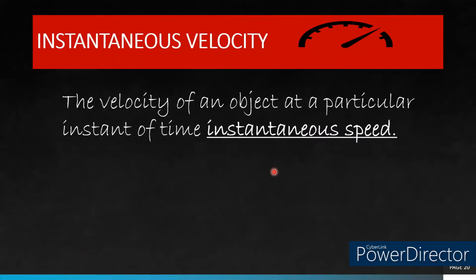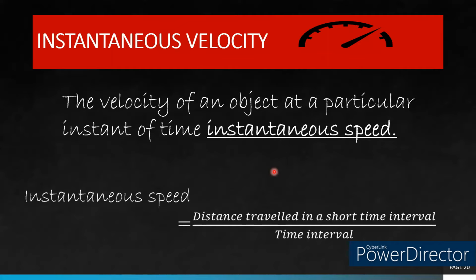Now let's talk about instantaneous velocity. The velocity of an object at a particular instant of time is the instantaneous velocity. That means it is the ratio of the distance traveled in a short time interval to the time interval.